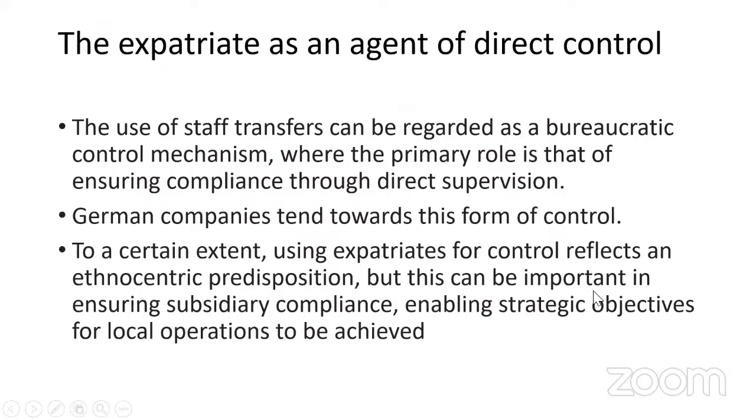The use of staff transfers is regarded as a bureaucratic control system, where the primary role is that of ensuring compliance through direct supervision.